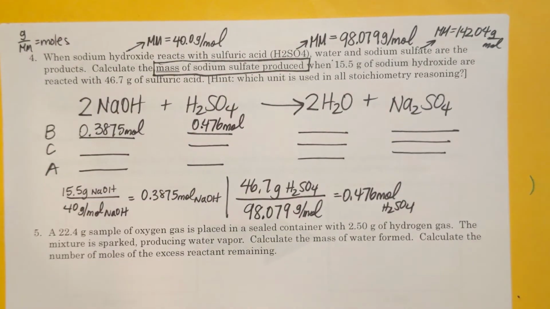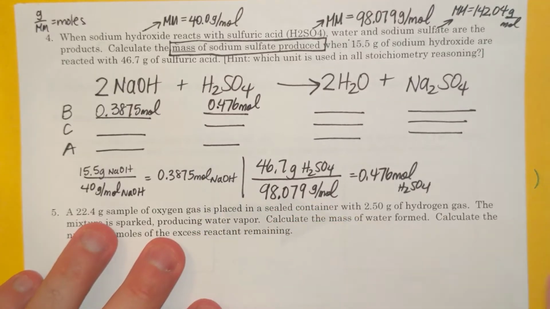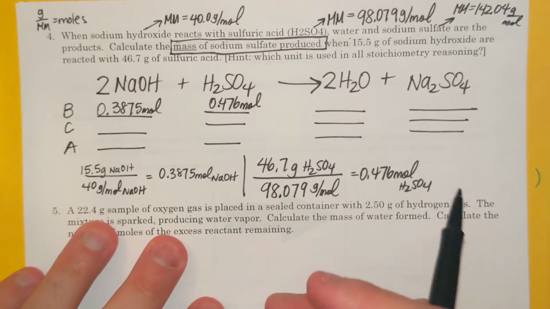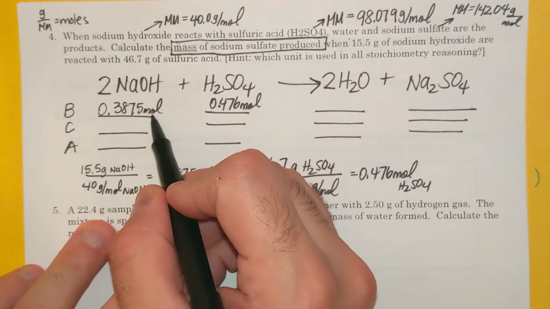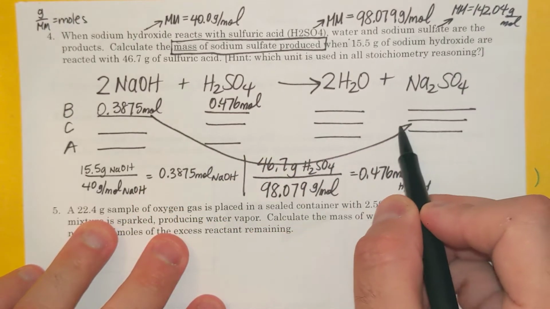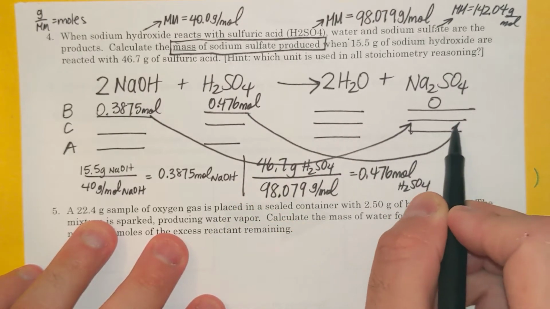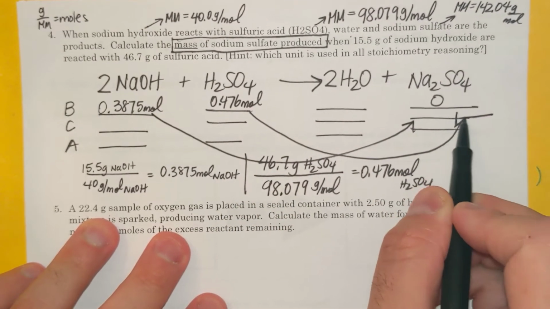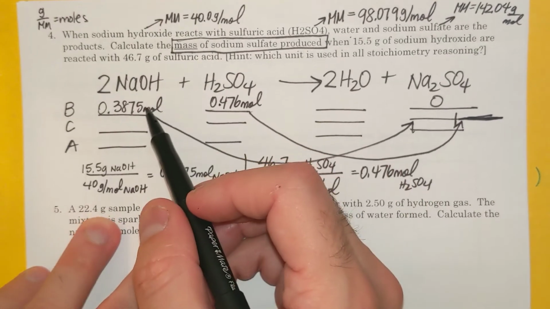Okay? Now, my procedure is to find whichever reactant gives me my lowest moles of product. I'm going to use the stoichiometric relationship, so the mole ratios, to figure out how much product I should get from each reactant. Then I'm going to circle the one that gives me the least amount.